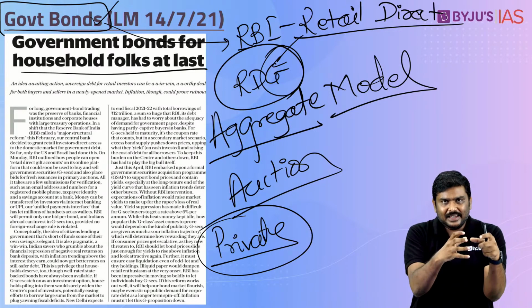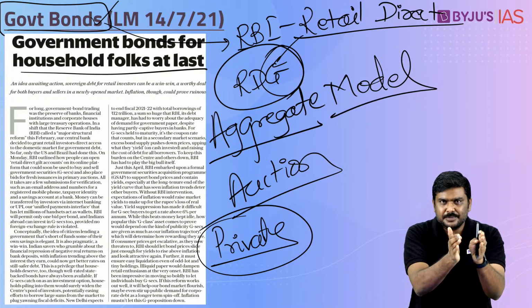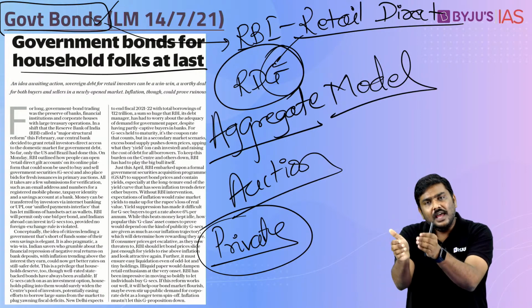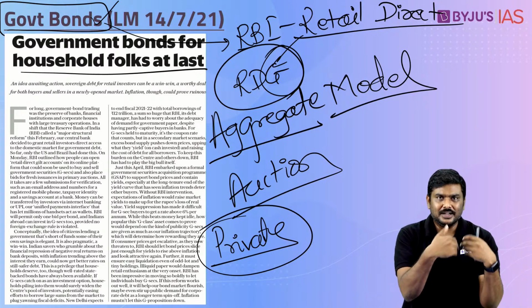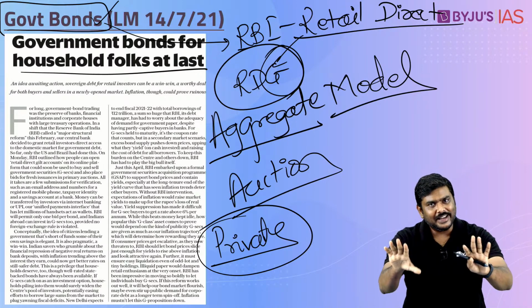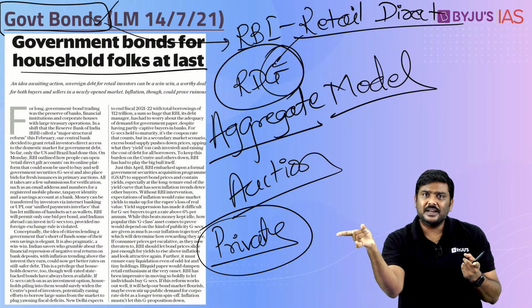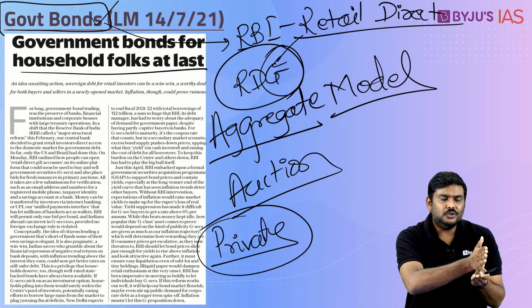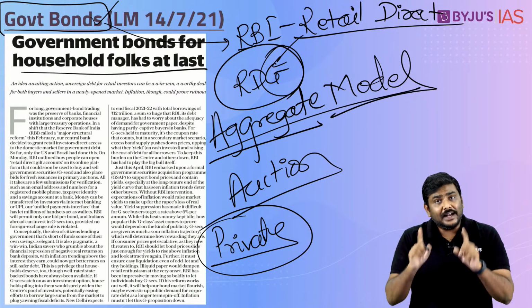NSE or BSE would aggregate all of these demands put forward by retail investors and give them to RBI. RBI would allocate the government securities to these retail investors. So retail investors did not directly participate in the auction; they went through this aggregator model. That was the process.